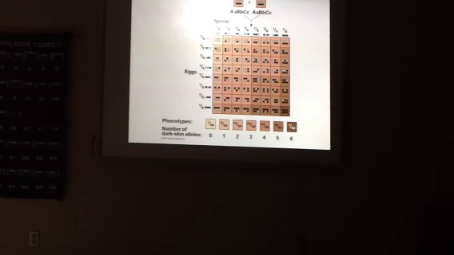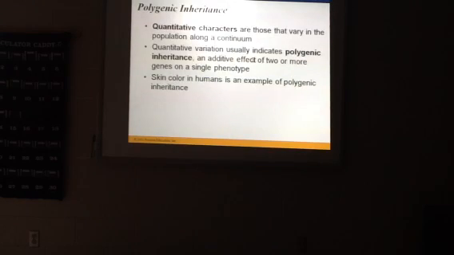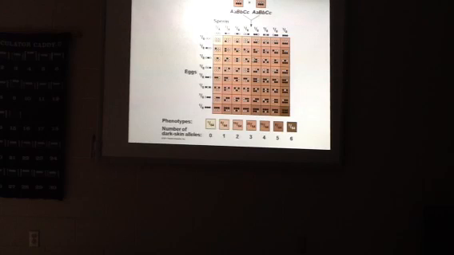So, you have a degree of skin color, right? And that is because you have 2 or more genes that determine this physical appearance, okay? And once again, rather than using letters here, they've just used colored dots, and you should be able to perform this test cross as well.